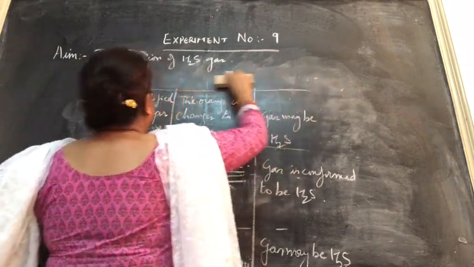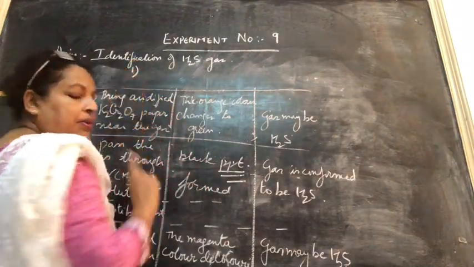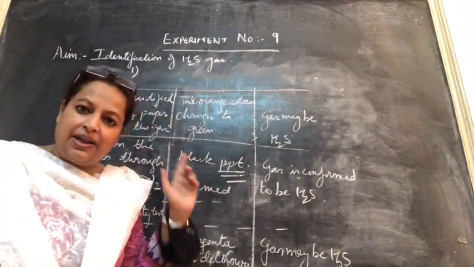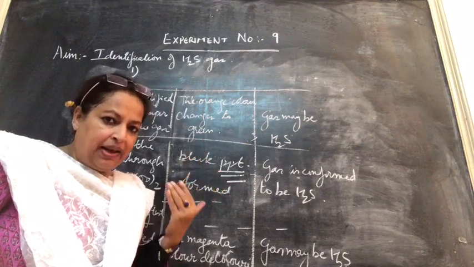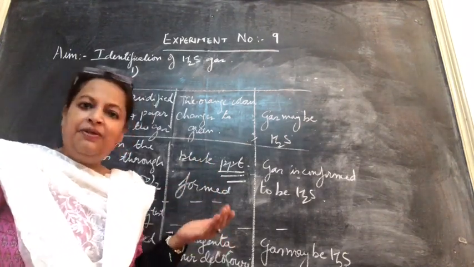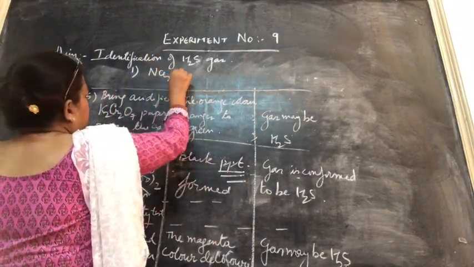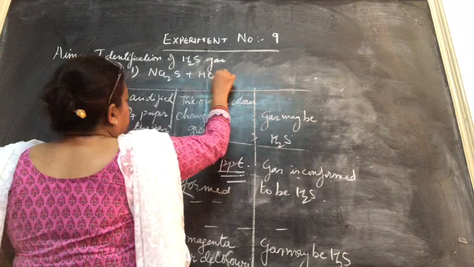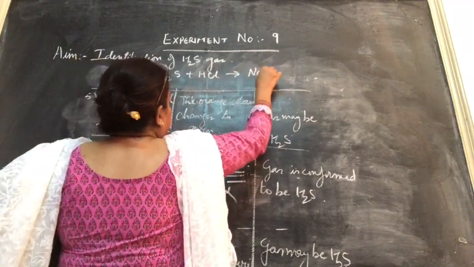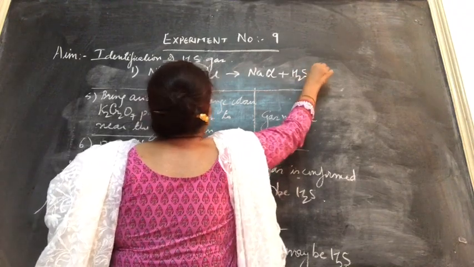First reaction is not given as such in your book, that is preparation of H2S. You have to write reactions on the plain side, that is the blank side, and experiment on the ruled side. This I am telling you in every video. So first is sodium sulfide with HCl forms a salt, but which gas is formed? H2S gas is formed.